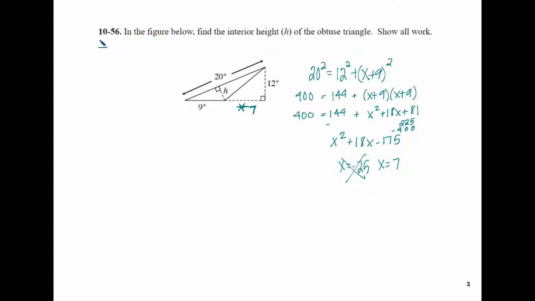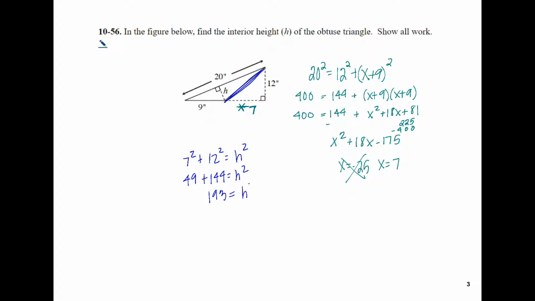We then can find the hypotenuse of this triangle. So we can do 7 squared plus 12 squared equals our hypotenuse squared. So 49 plus 144 equals h to the second power, which gives us 193.